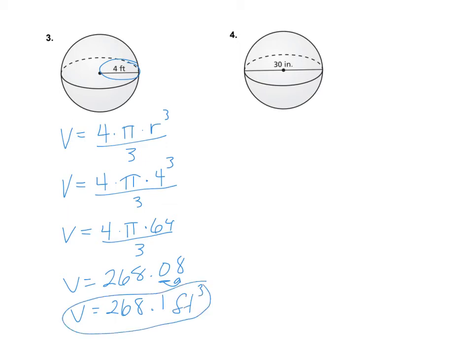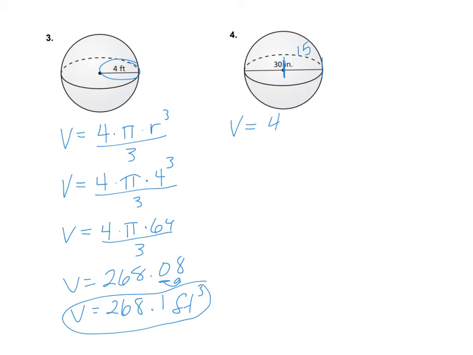On number 4, it's the exact same thing. The only thing that's different is they're giving us the diameter, and our formula doesn't use diameter, it only uses radius. So if it's 30 all the way across, the radius is going to be 15. Same formula.